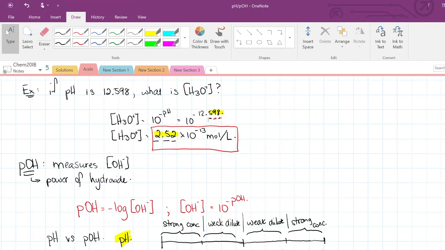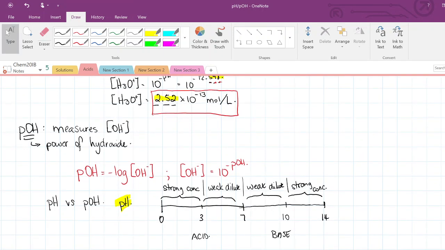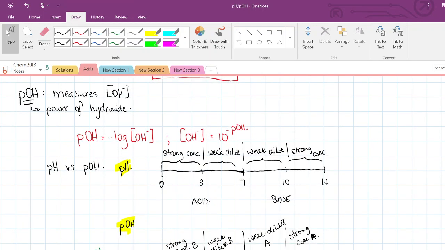Okay. So that's for pH, and that's generally the scale that people are a little bit more comfortable with. The one that people haven't heard of very much and we don't use very often in terms of consumer products is pOH. Now, if pH measures power of hydrogen, pOH measures power of hydroxide. Okay.